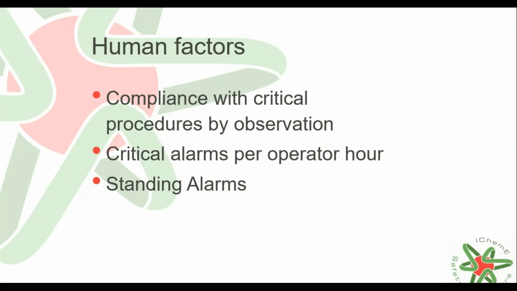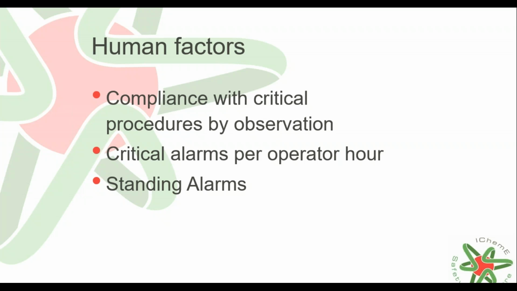And then we have the next pillar, which is about human factors. Obviously, when you think about human factors, all of these elements have a human factor part to them, or aspects of human factors that you can consider in your work.